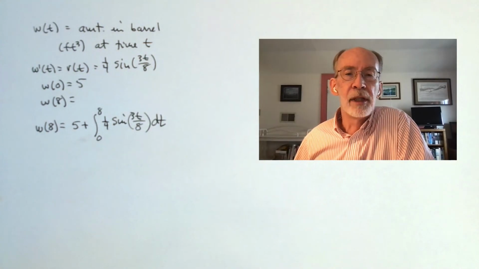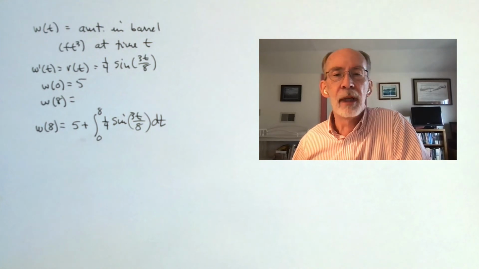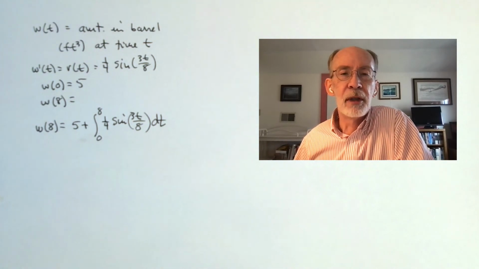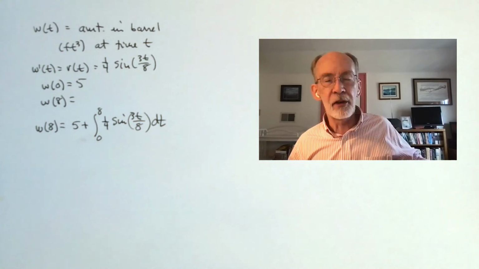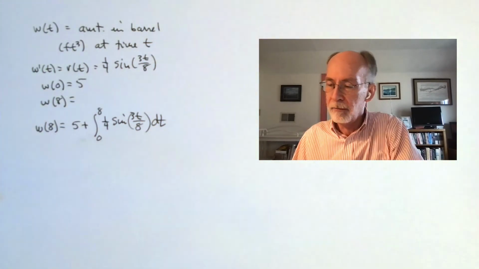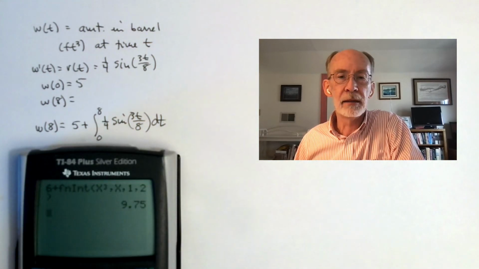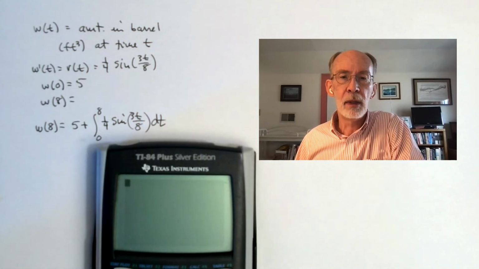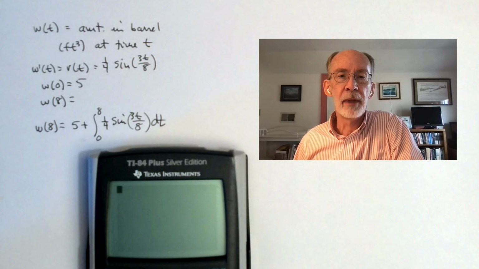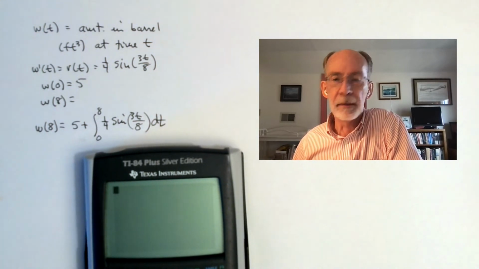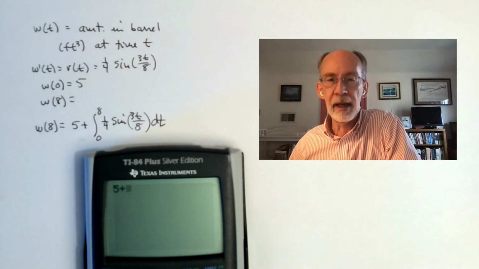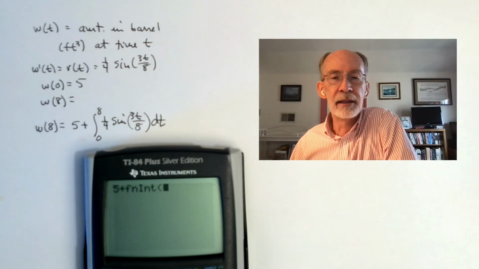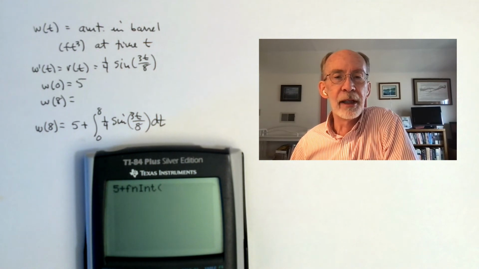Now, you could anti-differentiate this by hand if you know substitution, or if you are good at wrangling the chain rule in your head. But in fact, there's no need for that, because we have the ability to just pound this out on a calculator. So this is 5 plus, again, that's math 9, the function int, the definite integral approximator.